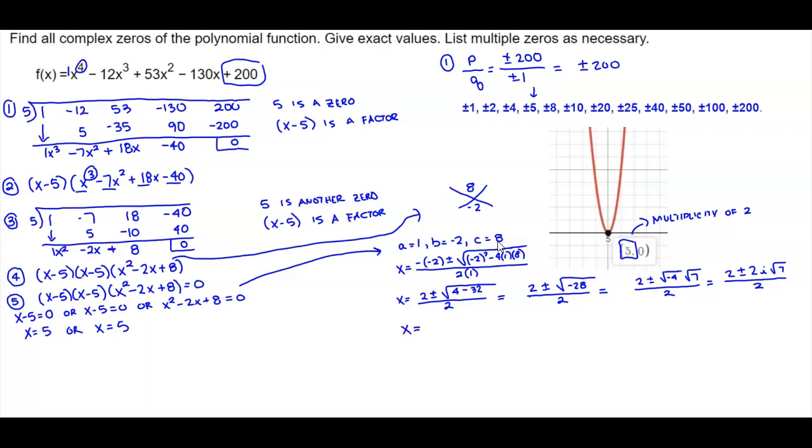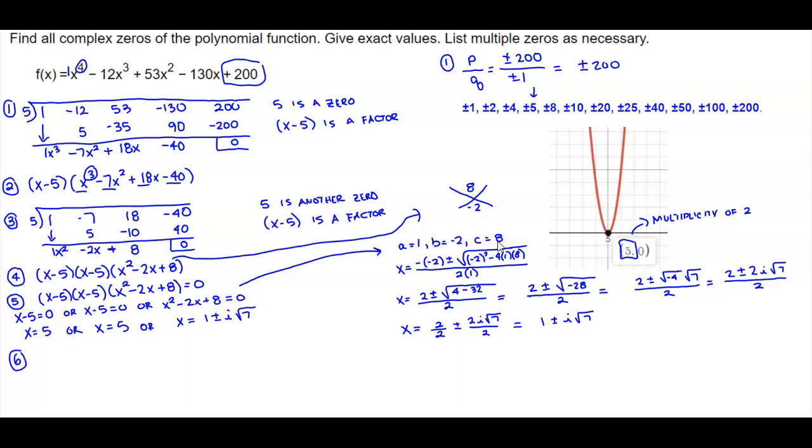So let's simplify this a little further. We have 2 over 2 plus or minus 2i times the square root of 7 over 2. 2 divided by 2 is 1, plus or minus i times the square root of 7. So x is equal to 1 plus or minus i times the square root of 7.